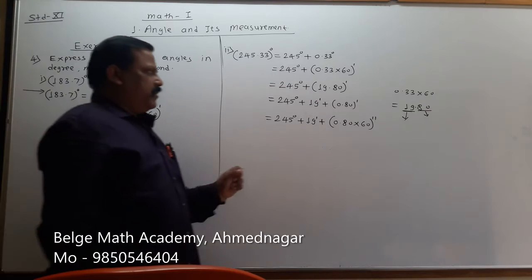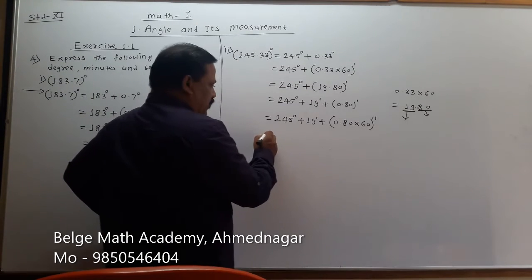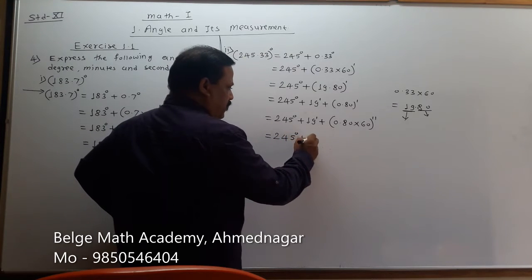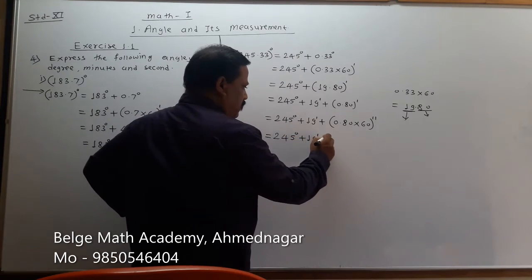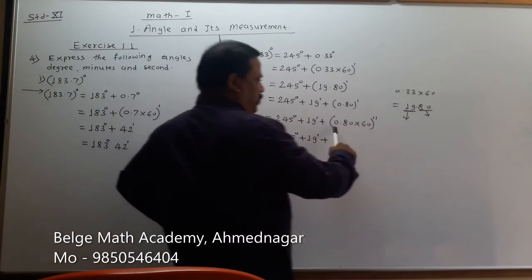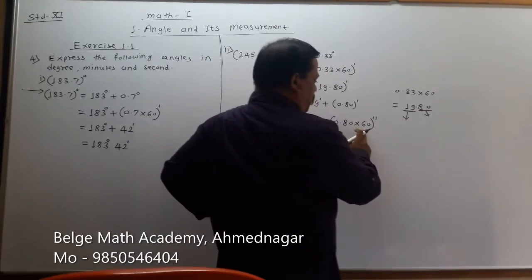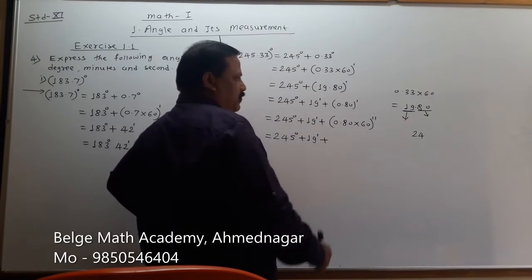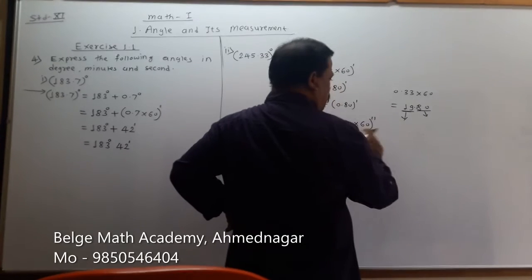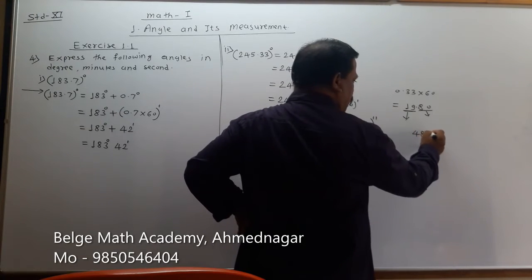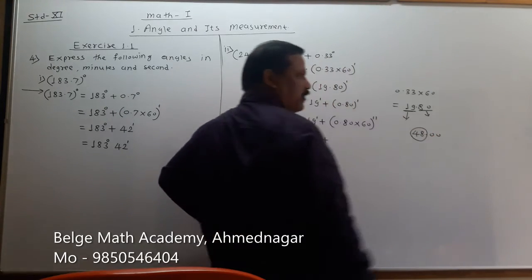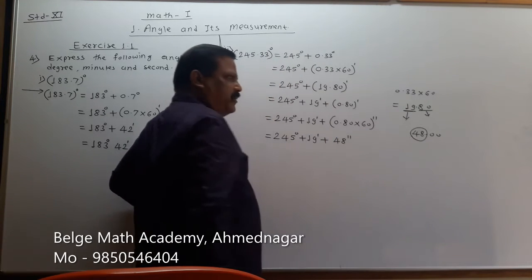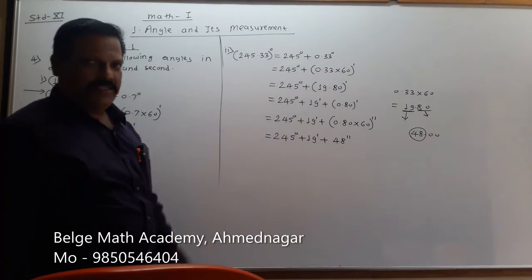Again multiplied by 60. So we get 245 degree plus 19 minutes, and this multiplication 80 multiplied by 6, 8 times 6 is 48.00. So 48 seconds. Seconds are represented by a double dash.